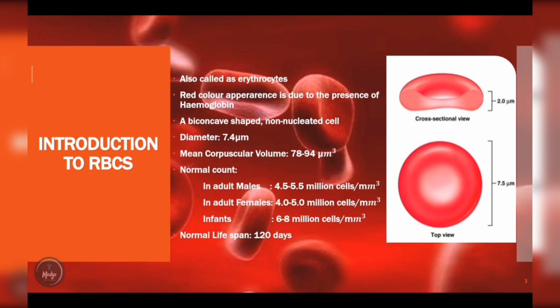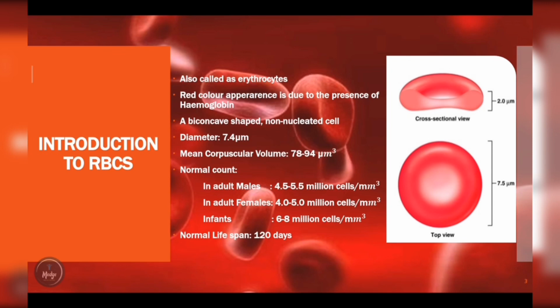When it increases beyond 94 micrometer cube, it is called macrocytosis. When it decreases below 78 micrometer cube, it is called microcytosis. The normal count of RBCs in an adult male is 4.5 to 5.5 million cells per mm cube, and in an adult female it is 4 to 5 million cells per mm cube.